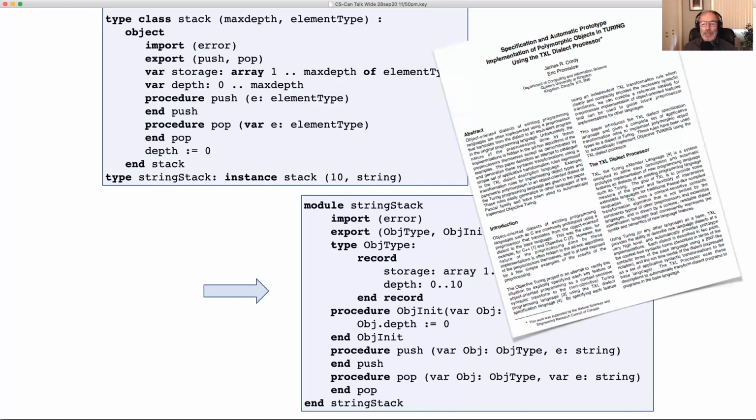And that was publishable. So Eric Promislow, another student of mine at the time, and I published a paper in the same conference about how we could rapidly prototype object-oriented programming using this transformational approach.